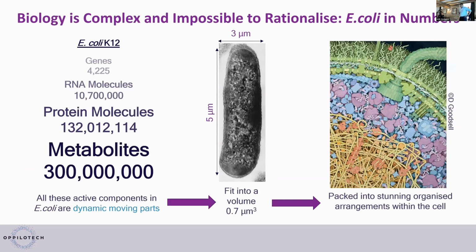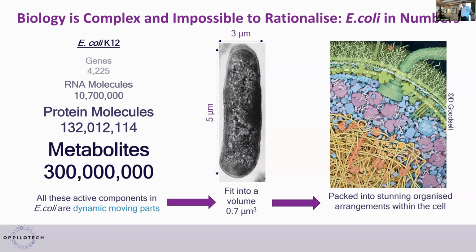The key reason why we get target selection wrong is that we underestimate the complexity of biology. Take something like E. coli, one of the most studied organisms. People have been looking at E. coli for over 100 years. It's got something like 4,000 genes, produces 10.7 million different RNA species, over 132 million proteins, and huge amounts of metabolites.